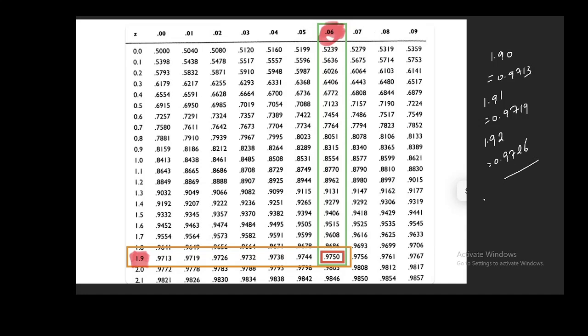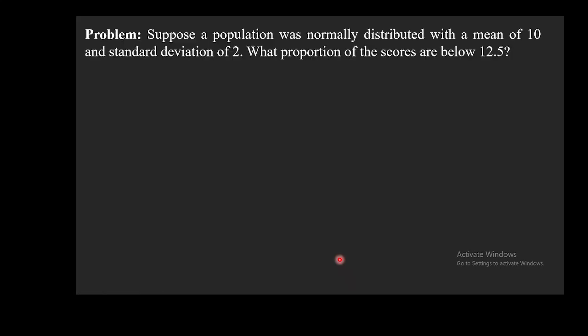In this example, I have highlighted the value of 1.96, and the value is going to be 0.9750, which is the value you can see here.